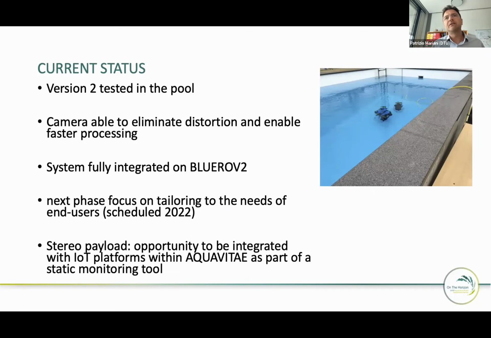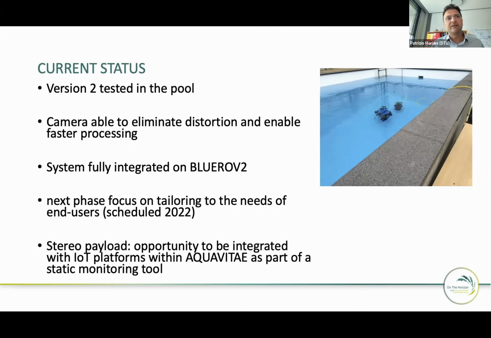The next phase is really to tailor the software and the integration part for the needs of the aquaculture community. And we aim to do so in combination with a specific stakeholder in Denmark, where we will go out there and test our camera for a few experiments. The camera itself and the system itself is very portable.